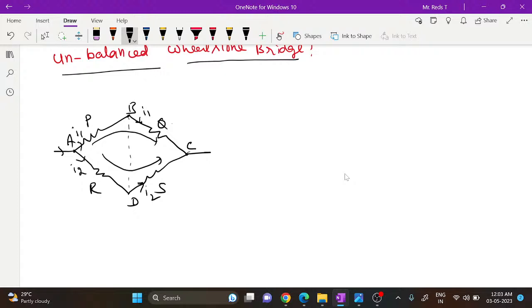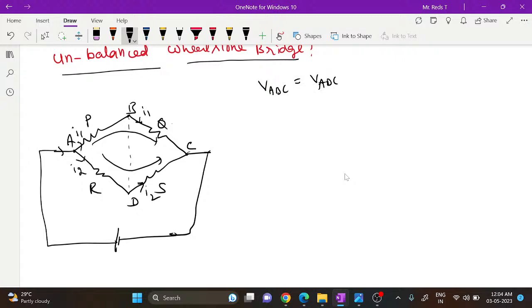It means the potential difference across ABC and ADC will be the same. Here we have to write a few points step by step. V across ABC should be equal to V across ADC. V across A and C is constant, so whether it is the ABC part or the ADC part, they will be the same.